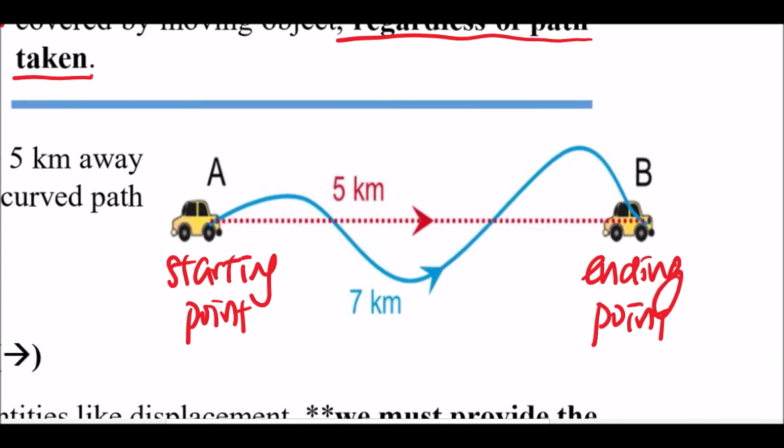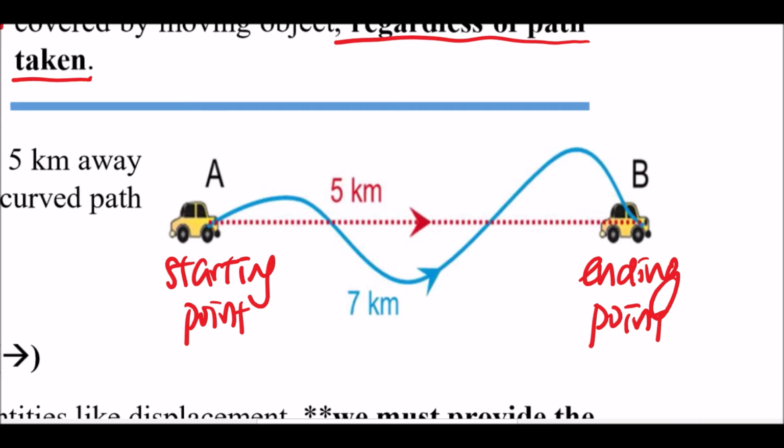If I have a car traveling from point A to point B, and the car takes the path of this blue line, the distance covered is 7 kilometers.